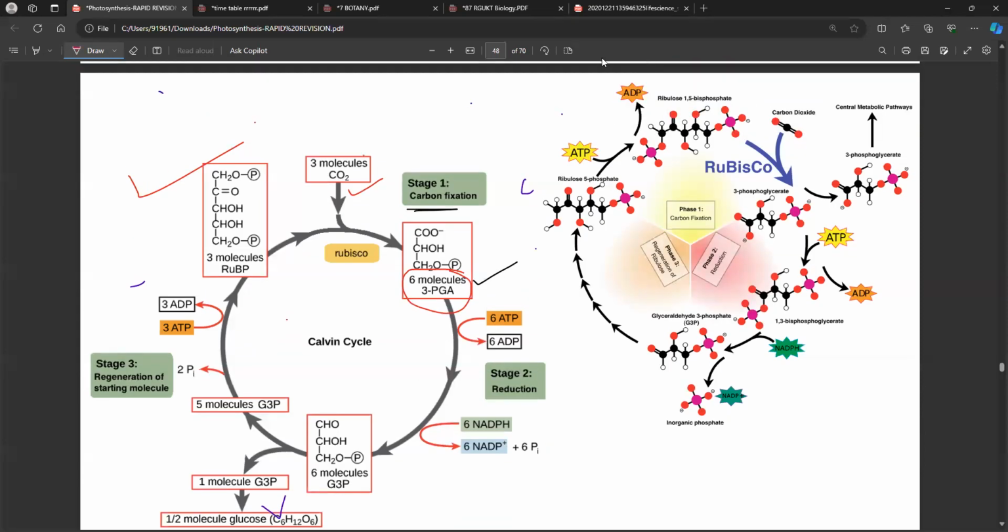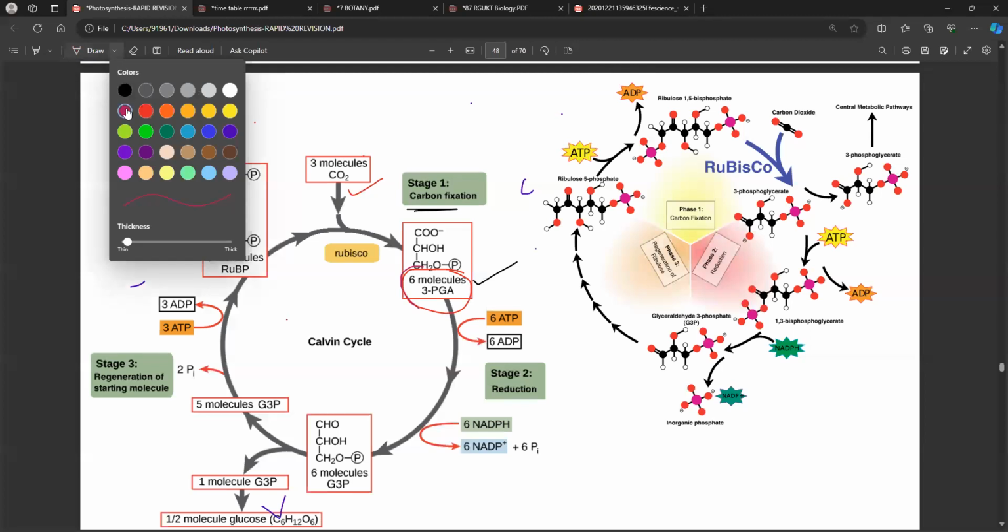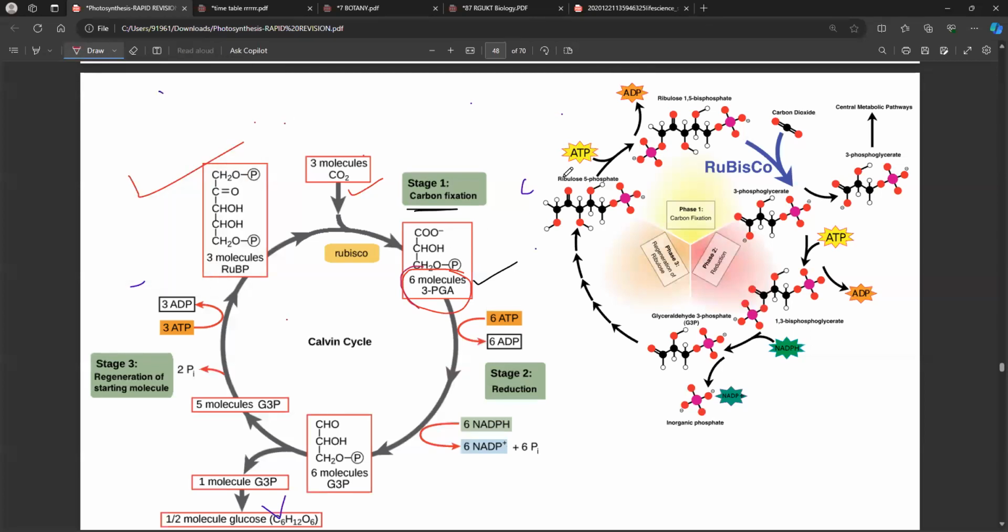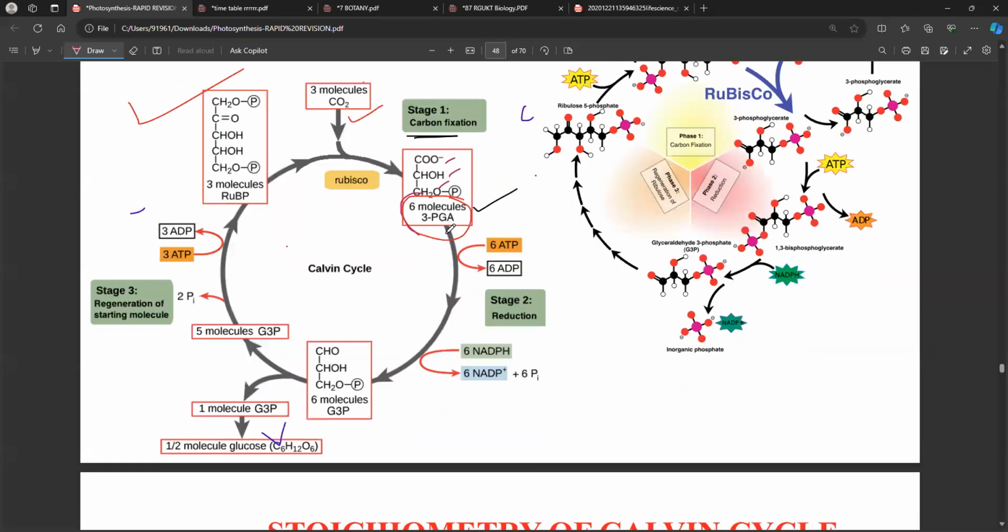Now listen everyone. The 6 molecules of 3-PGA, each one is how many carbons? All the students understand. Each 3-PGA is how many carbons? 1, 2, 3 carbon. So 6 molecules of 3-PGA, each one 3 carbon, are getting reduced to G3P. Now the question is very clear. What is the difference between 3-PGA and G3P?